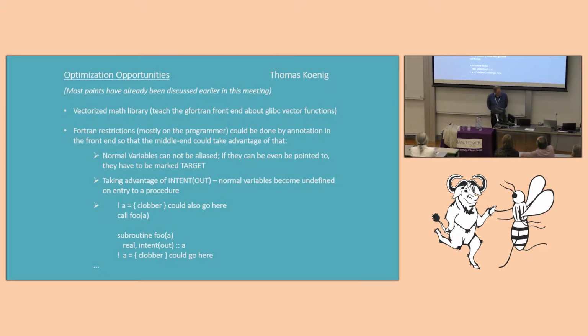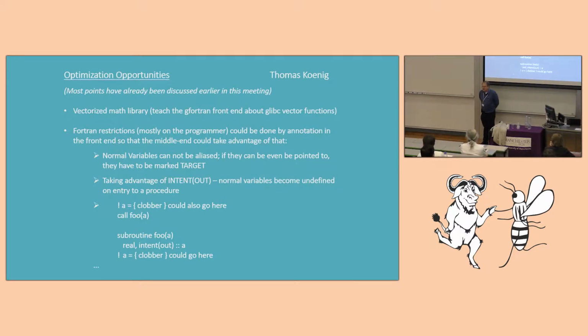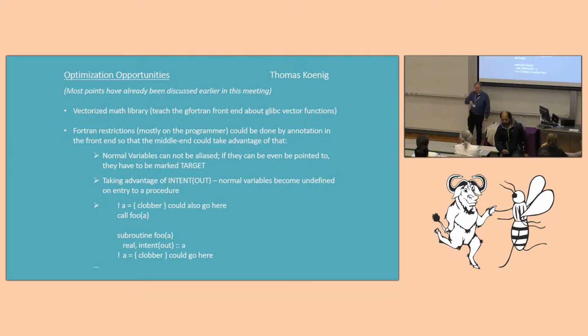And one of the most important things is that variables really cannot be aliased. If there's a variable and you do not explicitly mark it as target, with a nice round target on its back, it's not possible.